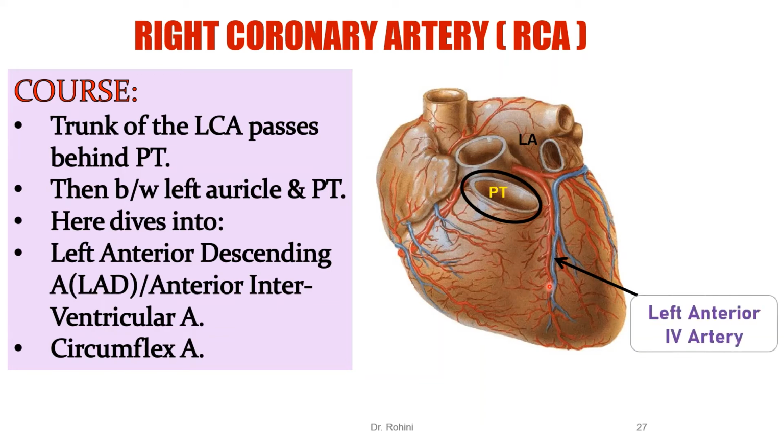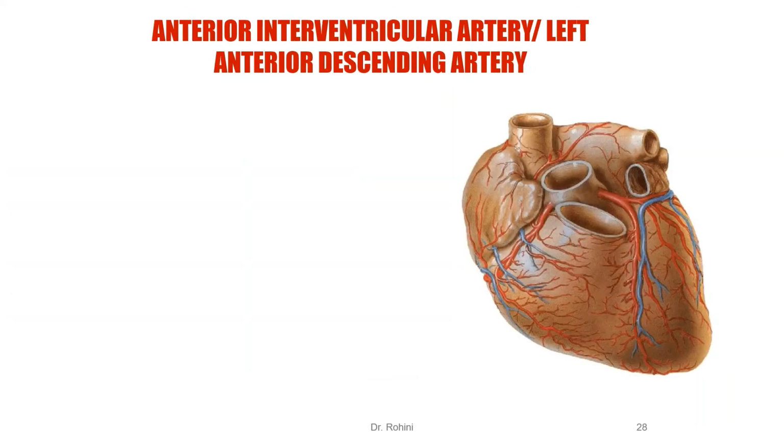And another one is encircling the heart towards the left side, so it is called the left circumflex artery. Okay, it is encircling the left atrium and left ventricle and going towards the posterior side, on the posterior aspect. So, anterior interventricular artery or left anterior descending artery.